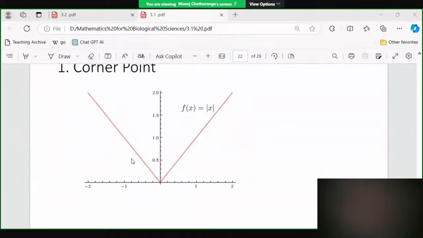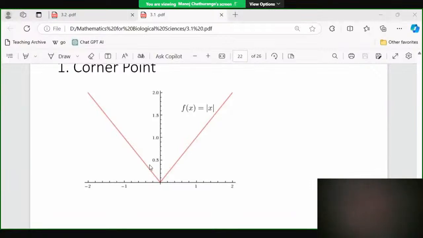For the other line, the derivative, the slope, is -1. So as we approach 0 from two different directions, you get two different answers. This is a corner point. That is why we can see these two different behaviors, these two different limits.